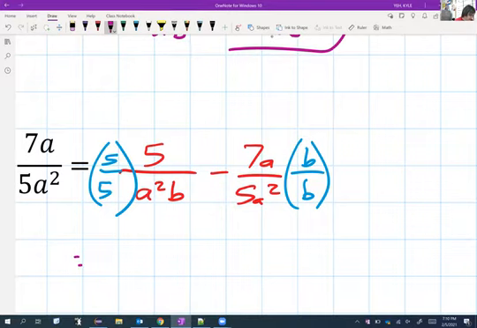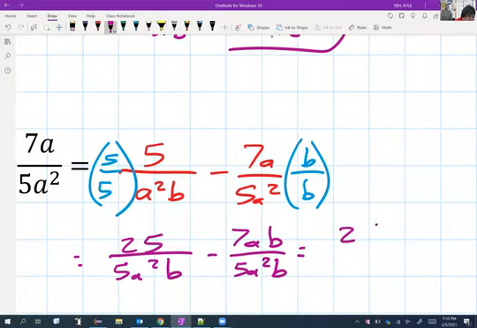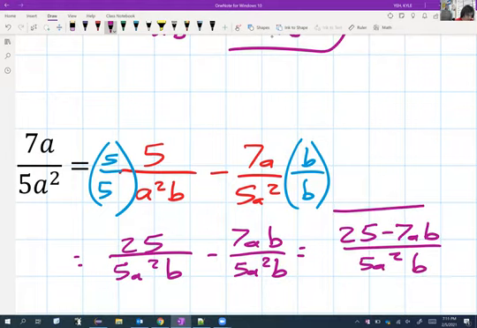We get 25 over 5a squared b minus 7ab over 5a squared b. And now that they have a common denominator, we can write it over a single denominator.